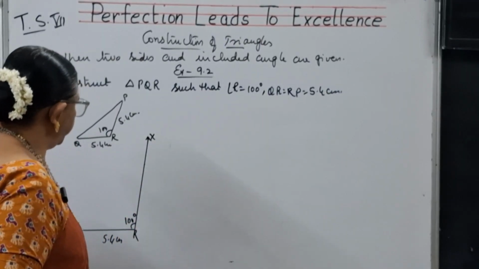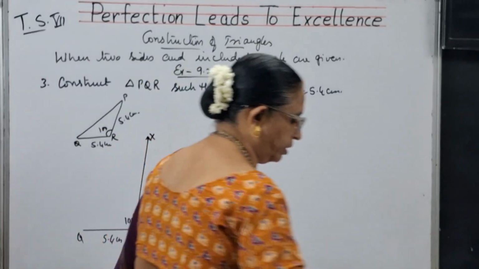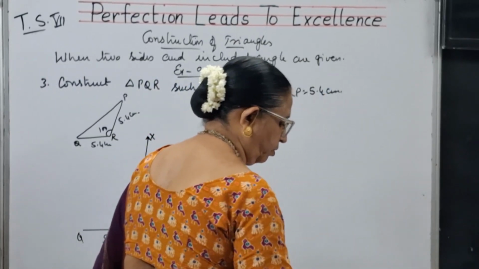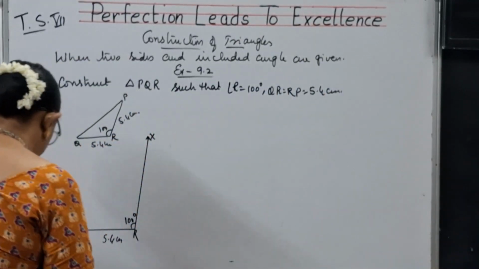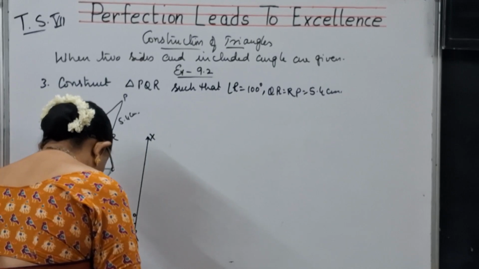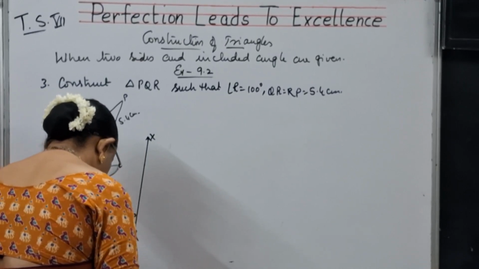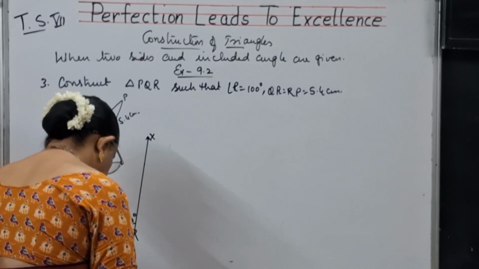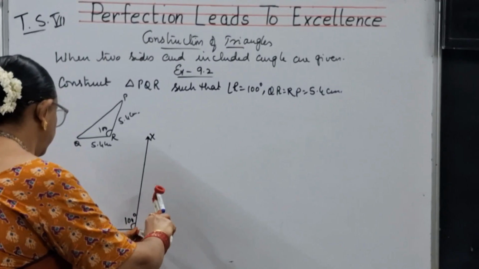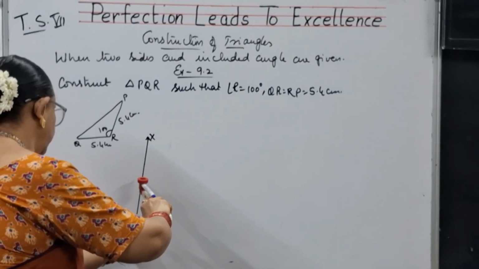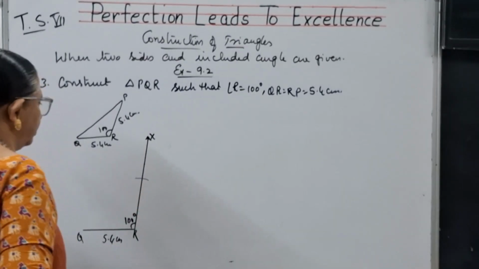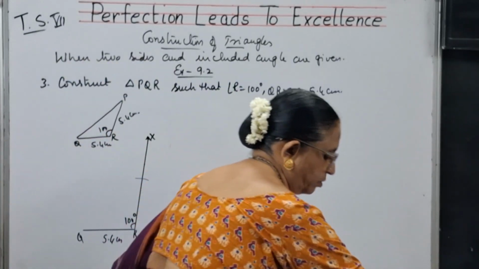Then RP 5.4 centimeters. So you have to take 5.4 centimeters as radius and R as a center, 5.4 centimeters as radius. You have to draw, cut an arc actually.